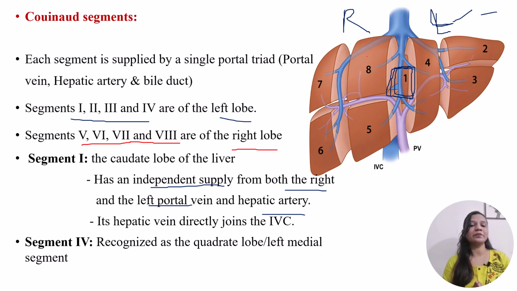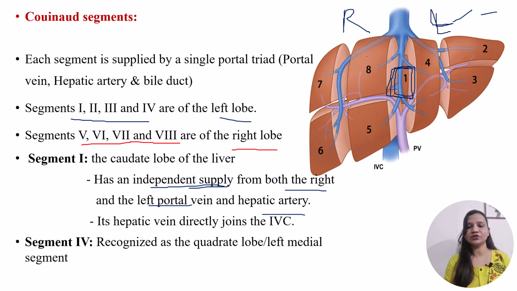But segment 1 has an independent supply. It is a part of the left lobe, but it does not only get supply from the left branches of the blood vessels; it gets supply from both sides, from the right branches as well as from the left branches.